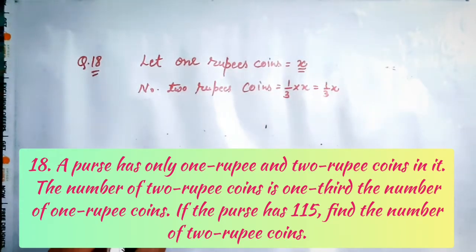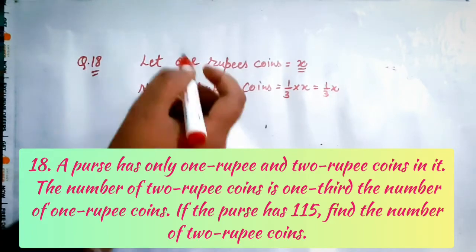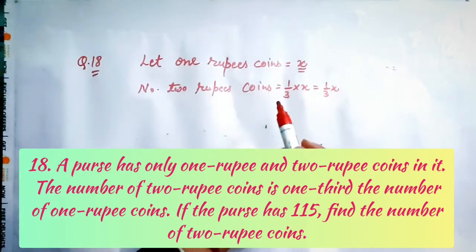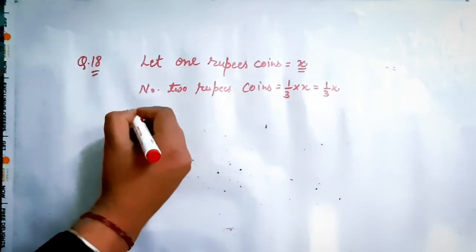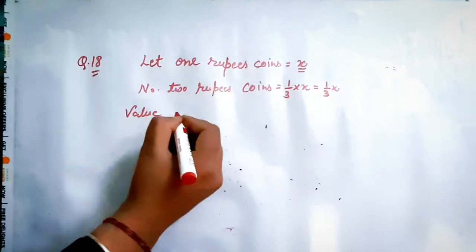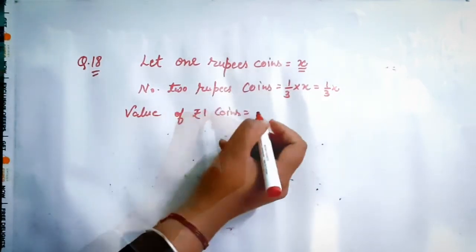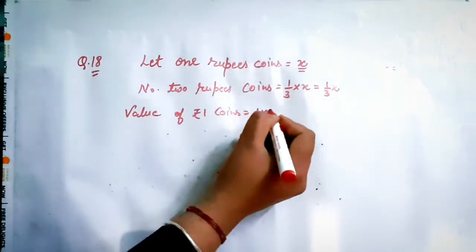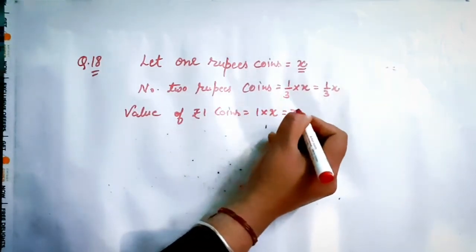Then what will be their values? Now see, 1 rupee coins are x, so their value will be 1 multiplied by x, that is x itself.